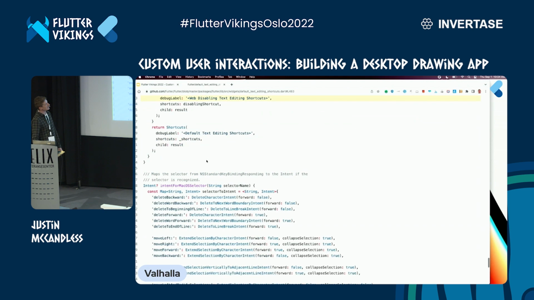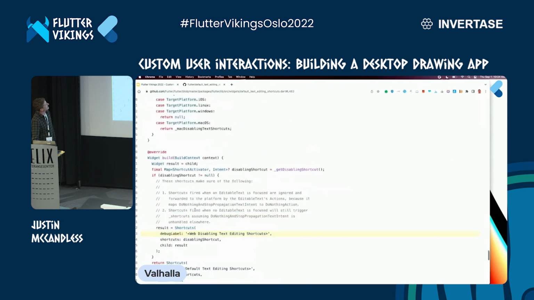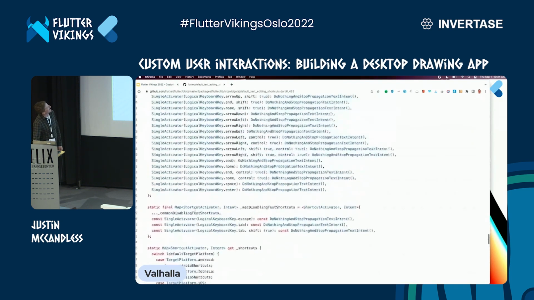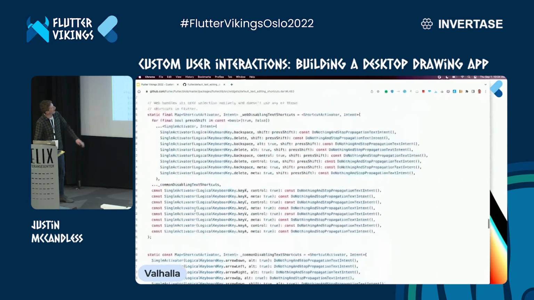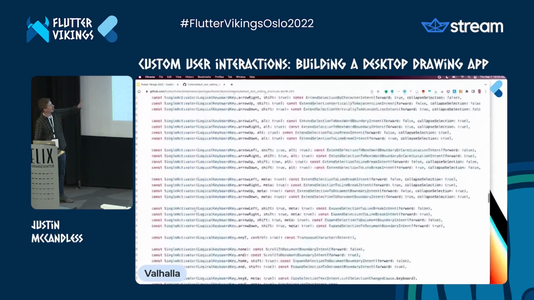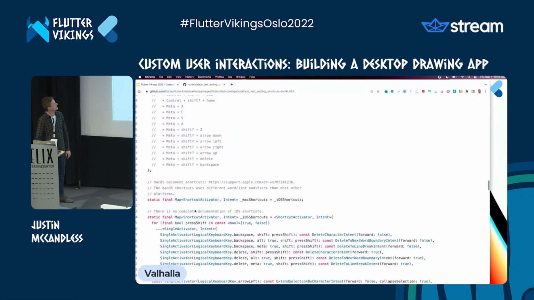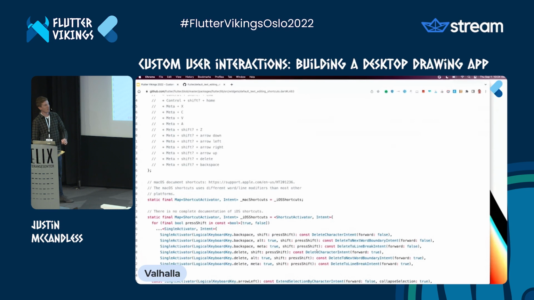That creates a shortcuts widget, and the mapping it passes is basically every keyboard shortcut that Flutter supports. For every platform, like web and Windows, all of the keyboard shortcuts, a bunch of common shortcuts. So it's just this huge mapping for a shortcuts widget at the very top of the widget tree.